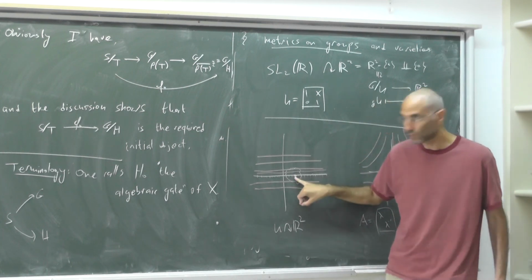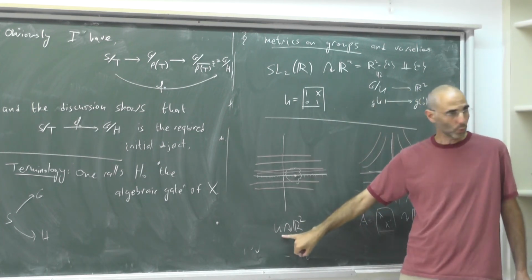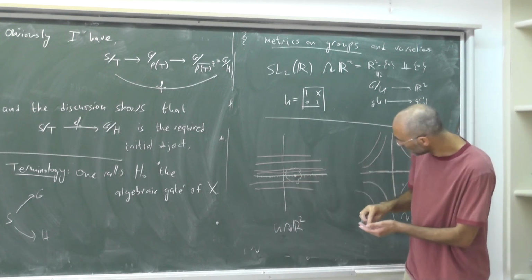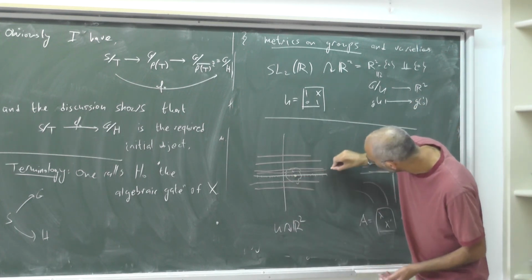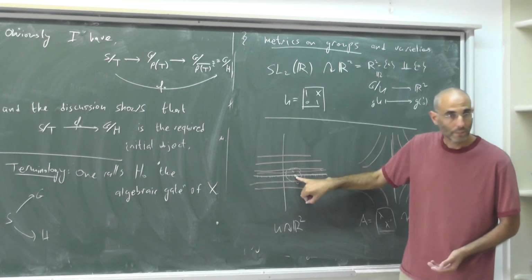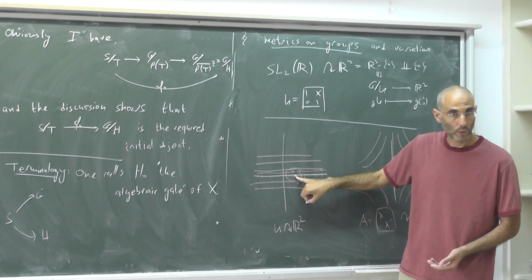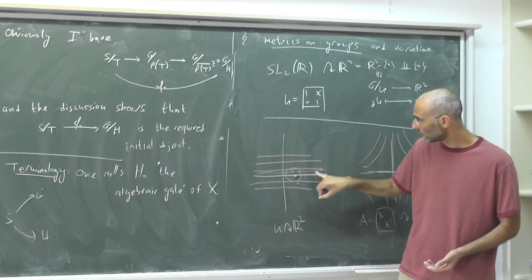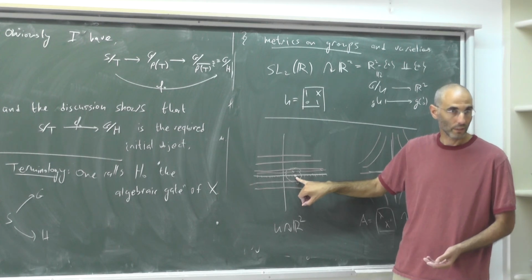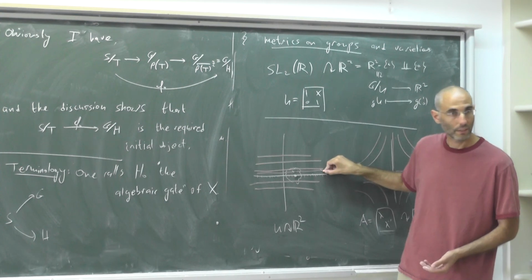Right? Since this point is fixed by U, the distance between this x and this y is the same as the distance between ux and uy. But uy is y, since y is fixed. So this is in the ball again.